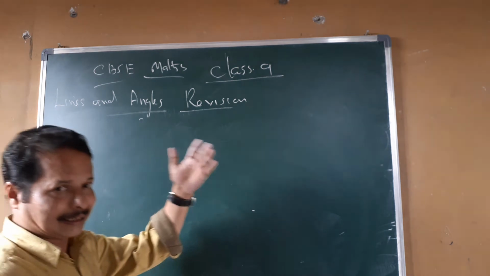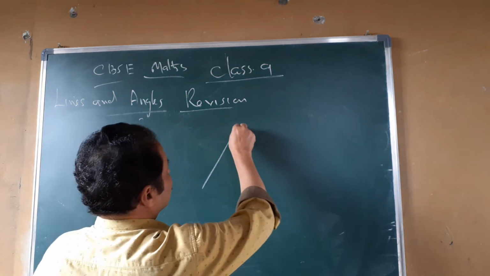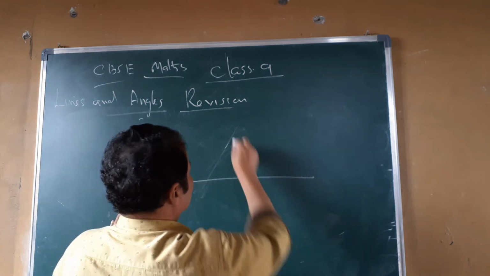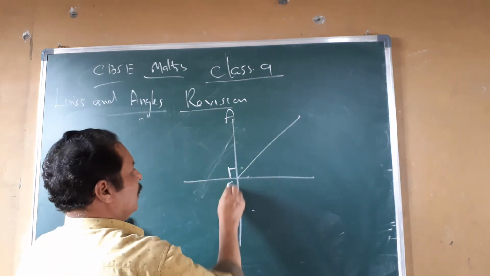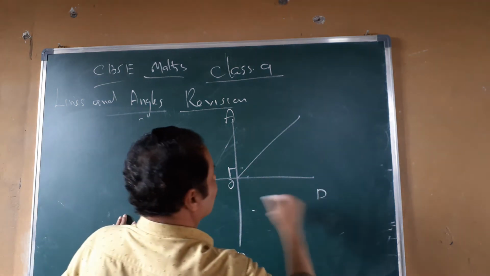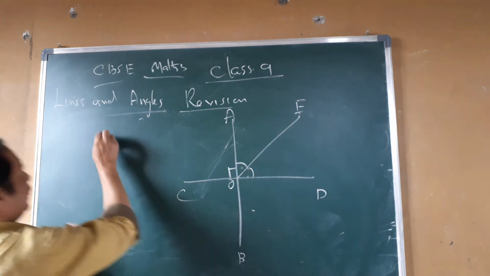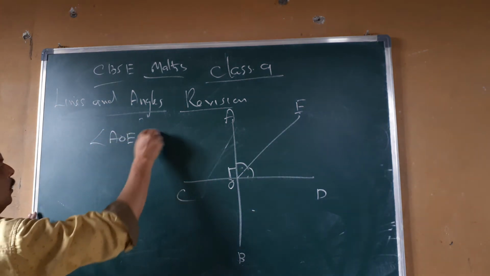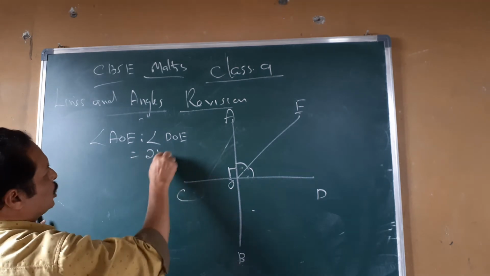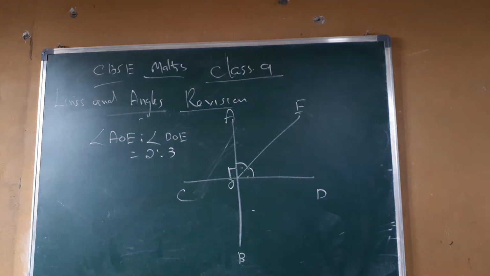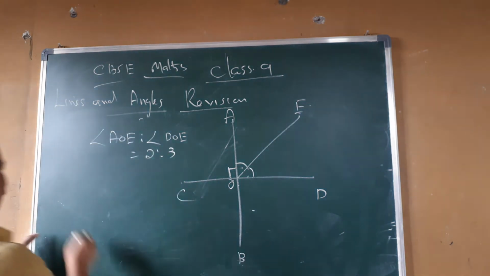Next, there is another type of problem also. Look here. This is given 90, and these two angles, AOE to angle DOE equal to 2:3. You remember that? So find angle COE. That is one of the questions.